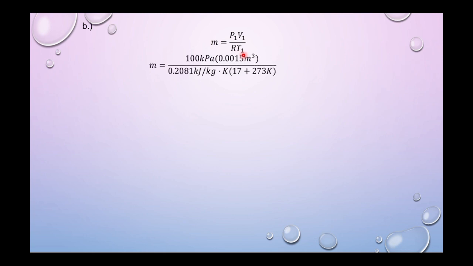So substitute, our mass is equal to 100 kilopascal times the volume of 0.0015 cubic meter all over 0.2081 kilojoules per kilogram Kelvin, which is the gas constant, times 17 plus 273 Kelvin, to convert into Kelvin. So simplify, our mass is equal to 2.486 times 10 raised to negative 3 kilograms.